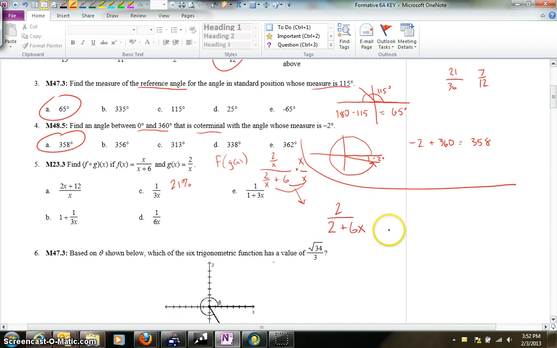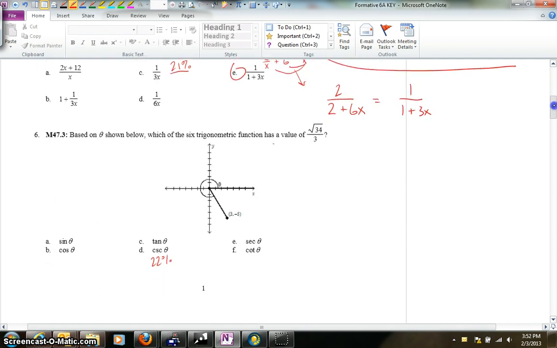Now everything can be reduced by 2, so that gives 1 over 1 plus 3x. That is option E. 21% of you chose option C, so I don't know if it was a guess or just incorrect canceling, but we got 1 over 1 plus 3x.